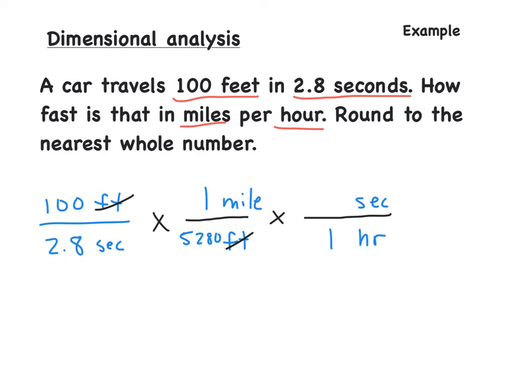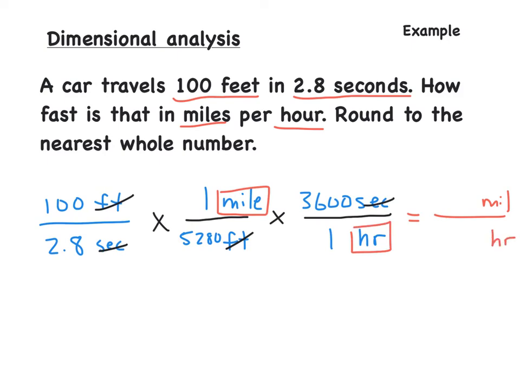We know that 60 seconds are in 1 minute, and there are 60 minutes in 1 hour, so we would multiply 60 times 60, and we would get 3,600 seconds. So the seconds cancel out, and all that we're left with is miles on the top and hours on the bottom.